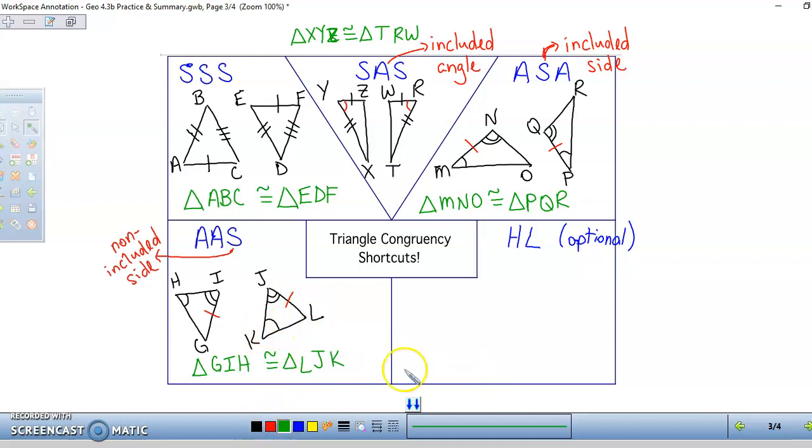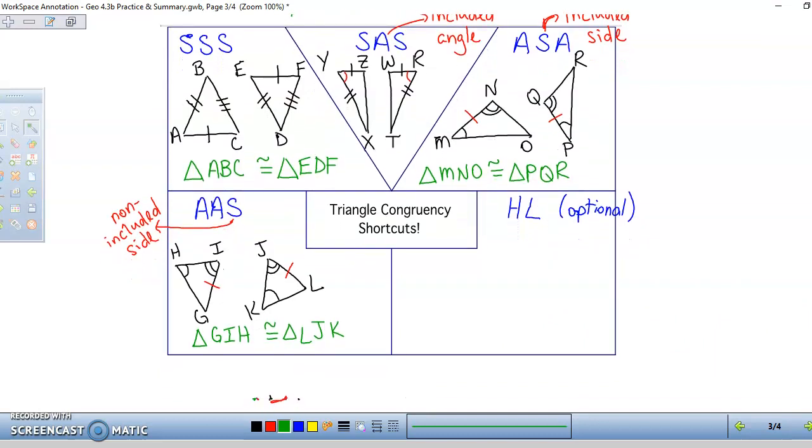Okay, the last one here is optional. Before we get to the optional part, I'm also going to include, just really quickly down here, just remember which ones are not congruency shortcuts. The two that we have talked about are angle, angle, angle, and then angle, side, side.